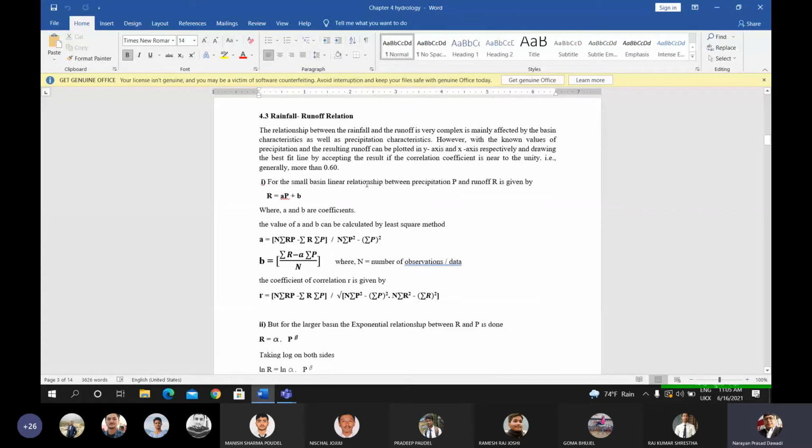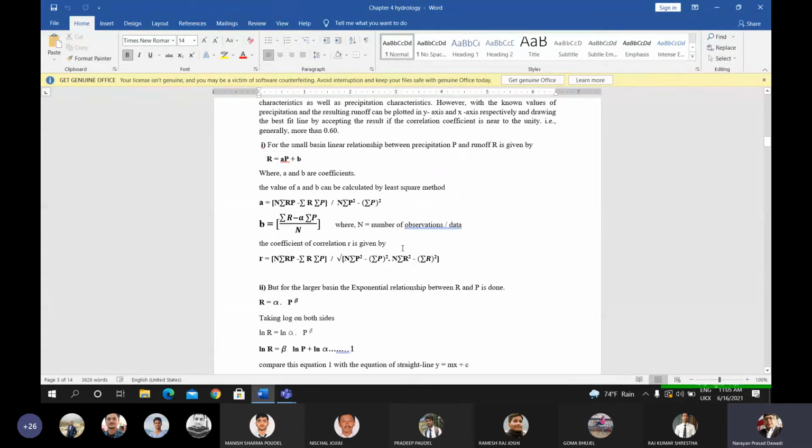For finding the correlation coefficient, you can use the equation: n summation rp minus summation r summation p, divided by the square root of n summation p square minus summation p whole square, into n summation r square minus summation r whole square.